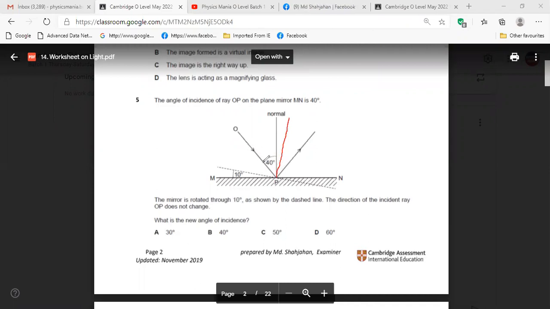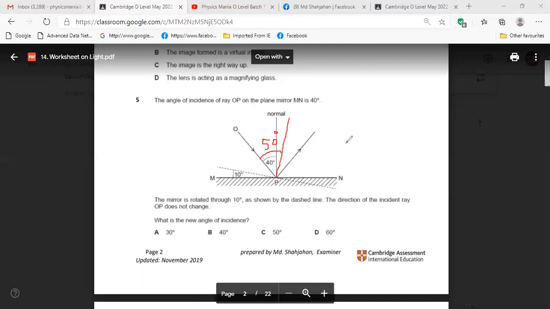We know angle of incidence is the angle between normal and incident ray. It is now becoming 50 degrees. Is it clear now? Yes, sir. So that is the idea, that angle of incidence is the angle between normal and incident ray.